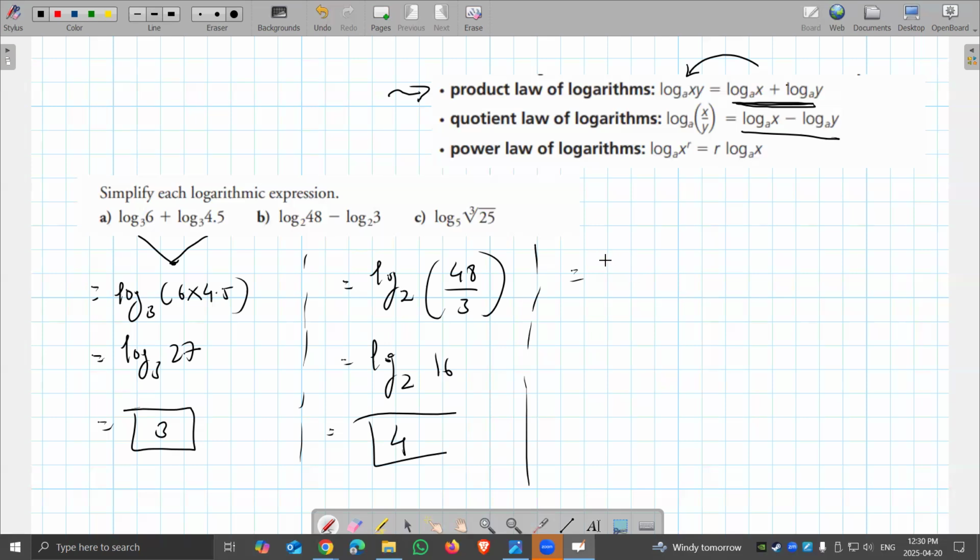So here, look at this. Log base 5 of the cube root of 25, if I want to write that as a power, what is that equivalent to? 25 to the power of what? 1/3. So then you can bring the 1/3 outside using the power rule. What's log base 5 of 25 equal to?